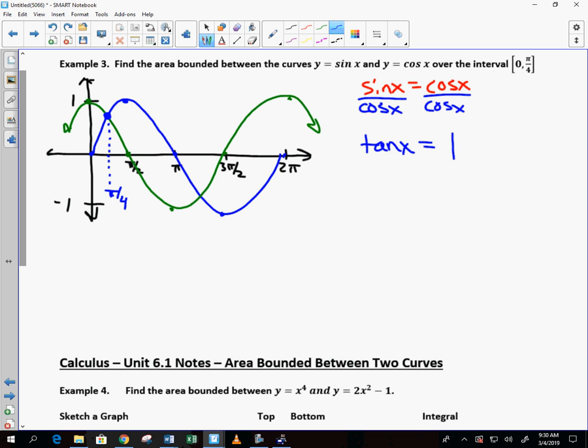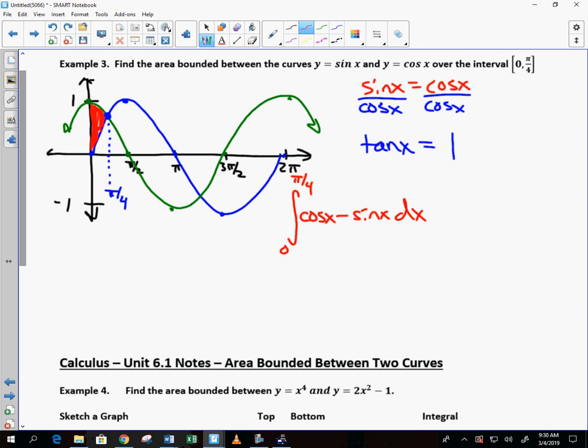So the area that I'm looking to identify is right here, between the two curves. Cosine will be on top. So we have an integral from what to what? 0 to pi over 4 of cosine of x minus sine of x dx.